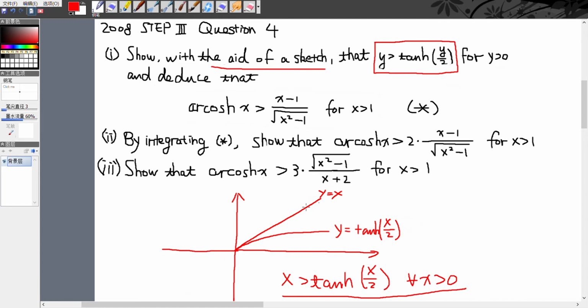And the next sub question is asking us to deduce that this inequality is true. And I personally think that if you just stare at this inequality, the answer won't come from nowhere. And if you want to use some kind of hacking method to get the result immediately, it is not very realistic.